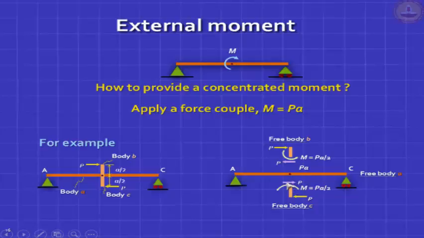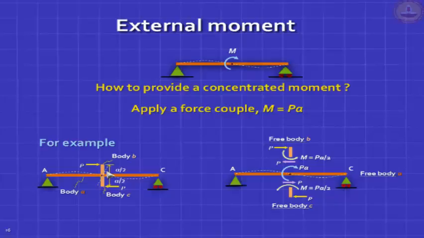They are both acting anti-clockwise, and the equal and opposite thing is clockwise. That's how I get P. That's the story. Pa is M. So I might show you only this, but the hidden story behind all this is this, and I can separate this distance as much as I want. The more I separate, the less force I have to apply. That's the lever principle.